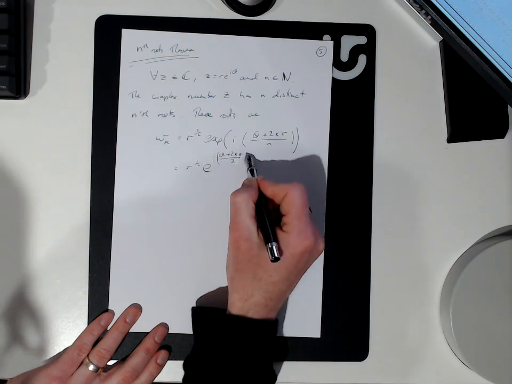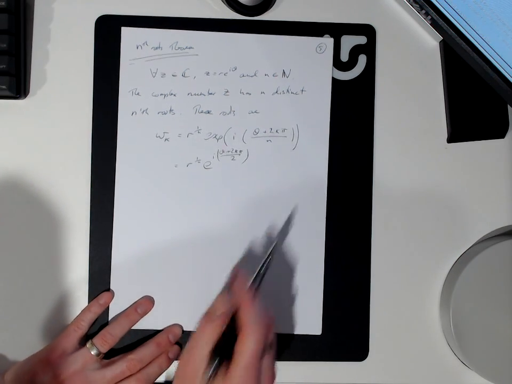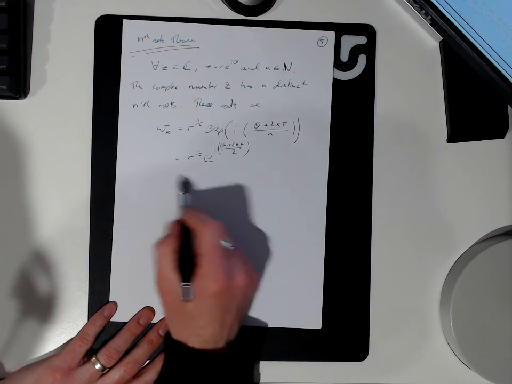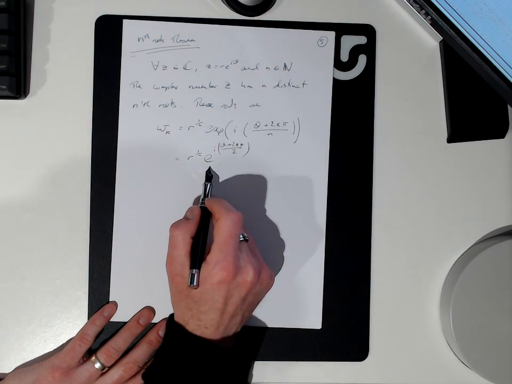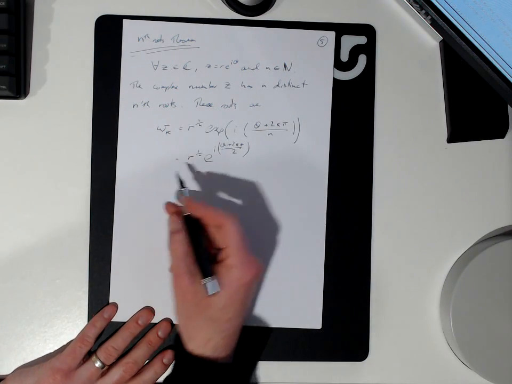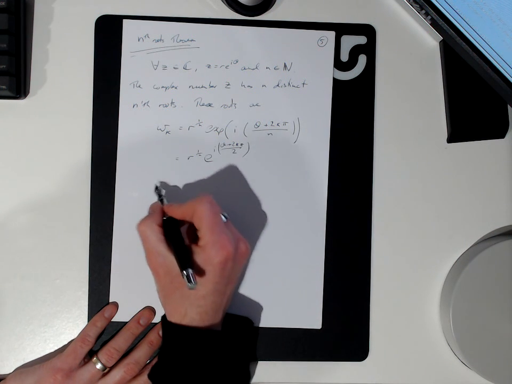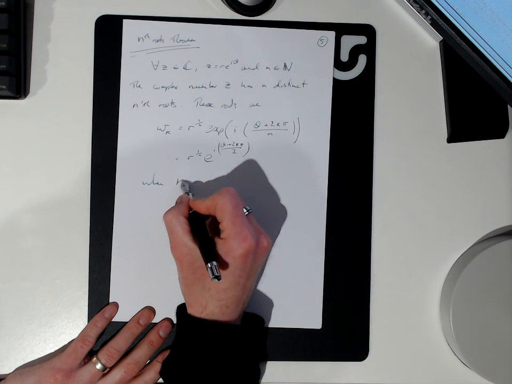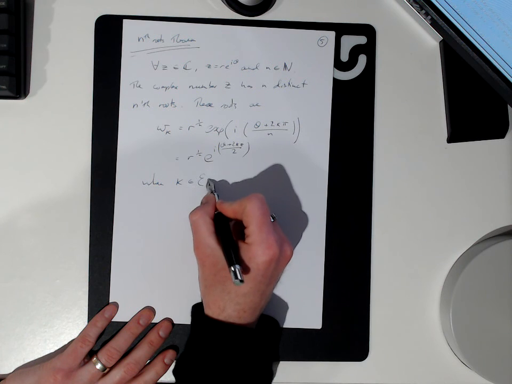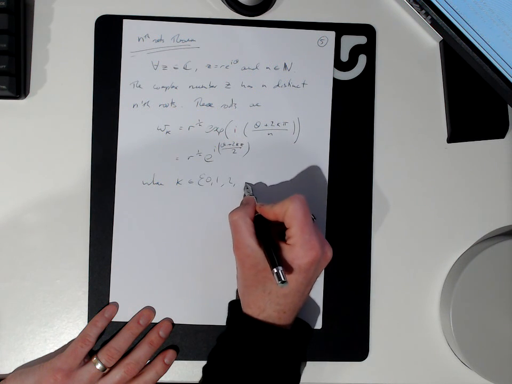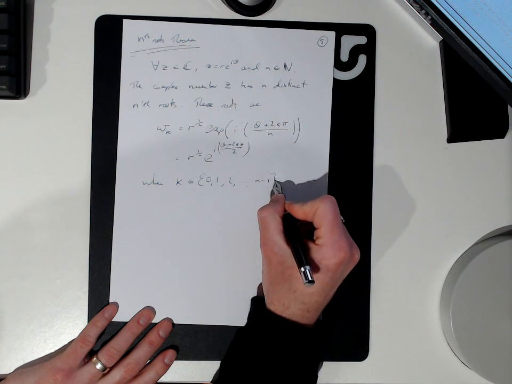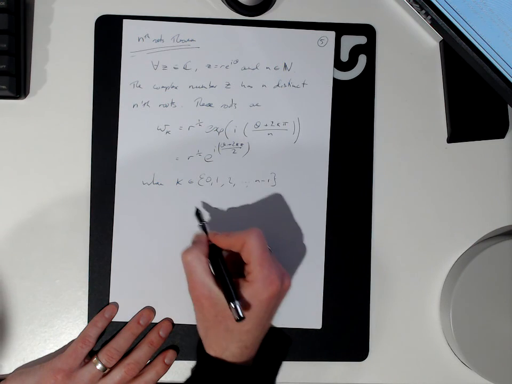And this is a circumstance where I prefer writing exp, because I think the interesting bit of this equation is the power of exponents, so why not just write it out? Where k is an element of 0, 1, 2, up to n minus 1. There you go, that's a much better bracket than that one.